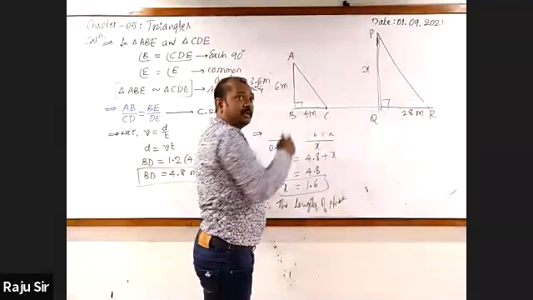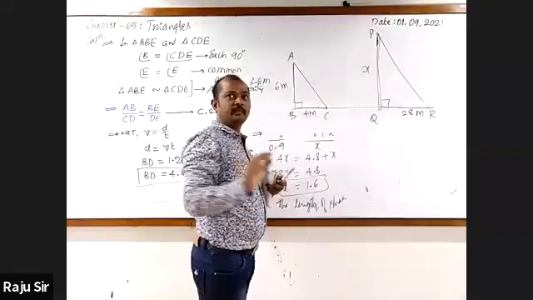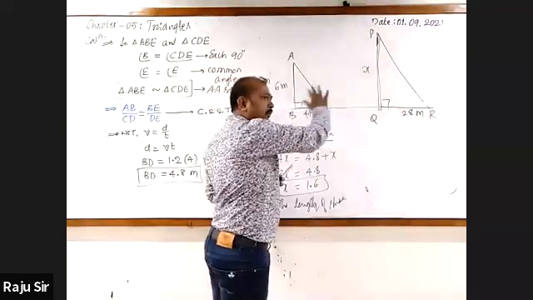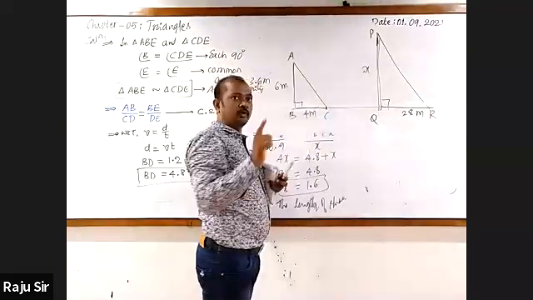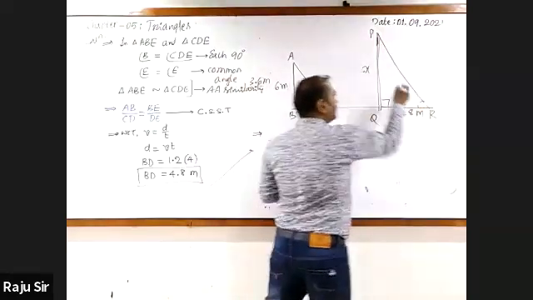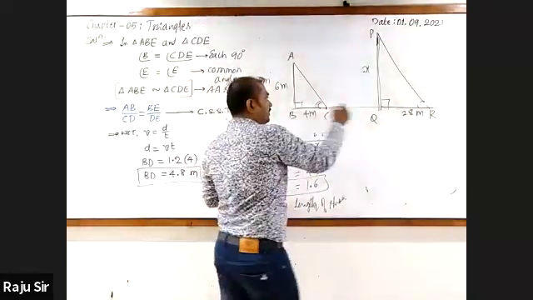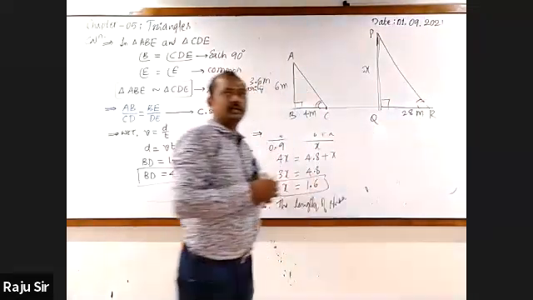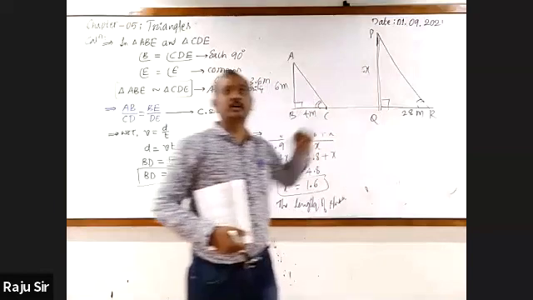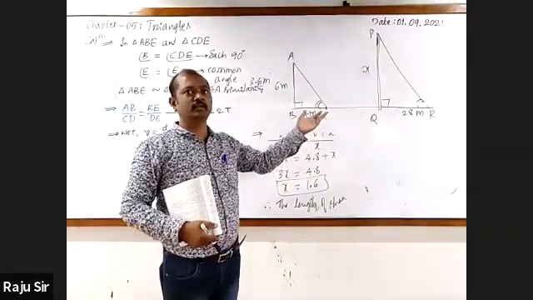At one particular time, if it is in the afternoon at 1 o'clock, both are seen at 1 o'clock only, and the angle of elevation will be the same. Got it? Now, angle C equal to angle R. Which similarity rule?